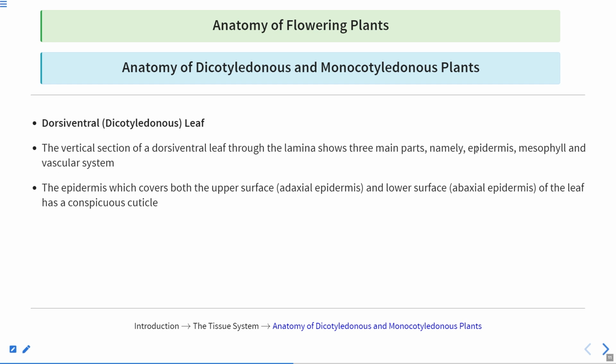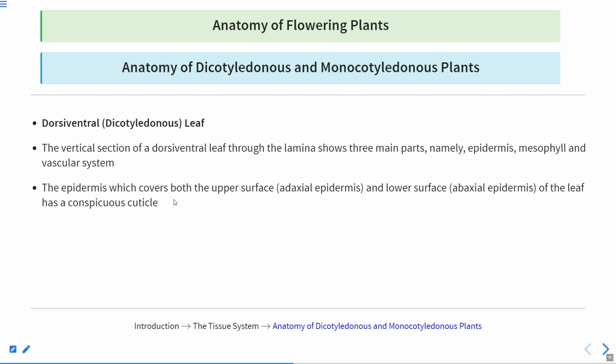So three different things you see in the internal structure, or anatomy, of the leaf: the epidermis system, the mesophyll, and the vascular tissue system, right? So let us see in detail the arrangement of the tissue in the dicotyledonous leaf.